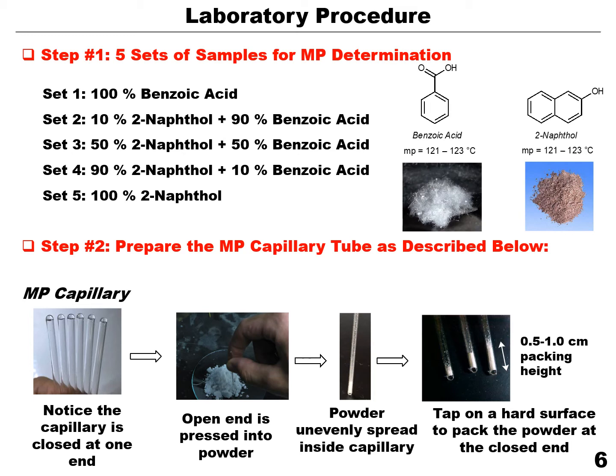If you do not have a long stemmed funnel, you can use any narrow glass tubing. If you have a small measuring cylinder or any narrow and long glass tubing, that also works perfectly for packing the powder in the capillary.